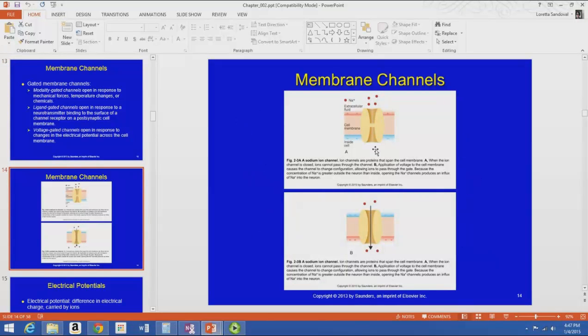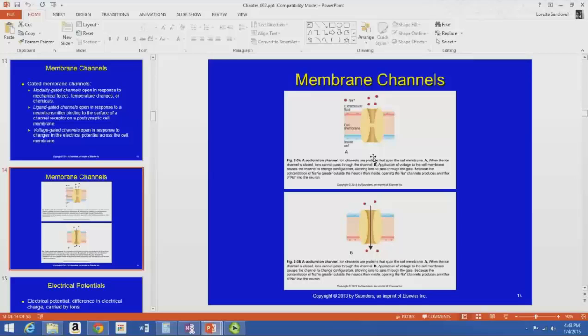So this is figure 2.3 A and B of the sodium ion channel. This is a voltage-gated channel. You can see the extracellular fluid is more positive than the inside of the cell, which is more negative.